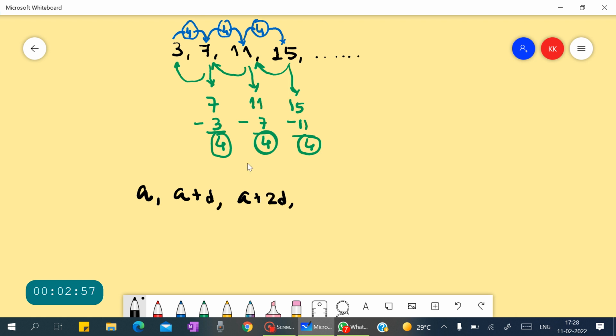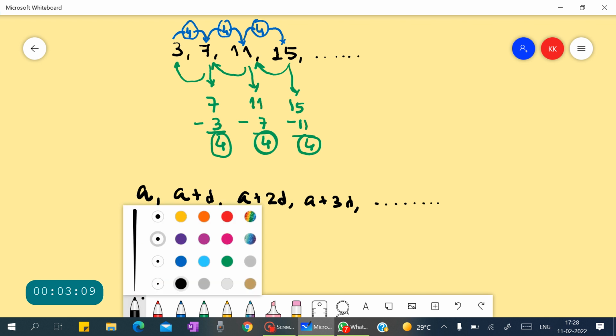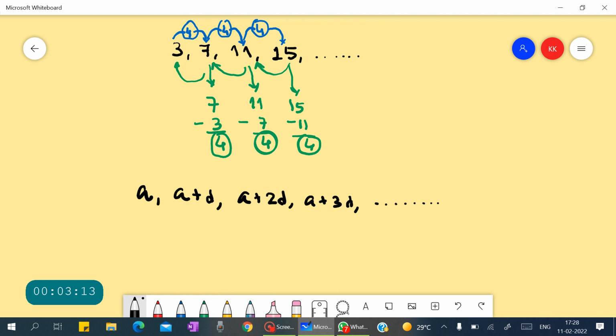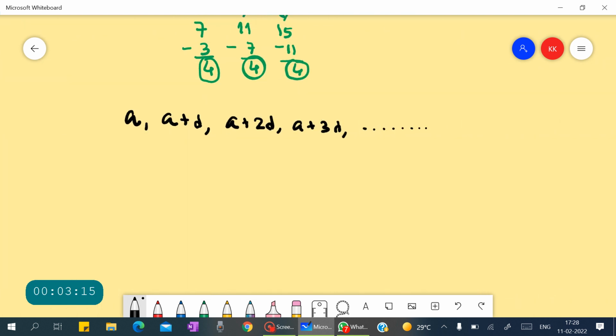If I add D again in this, A plus 3D. And on and on. So my dear students, you all can understand that this is called the AP.